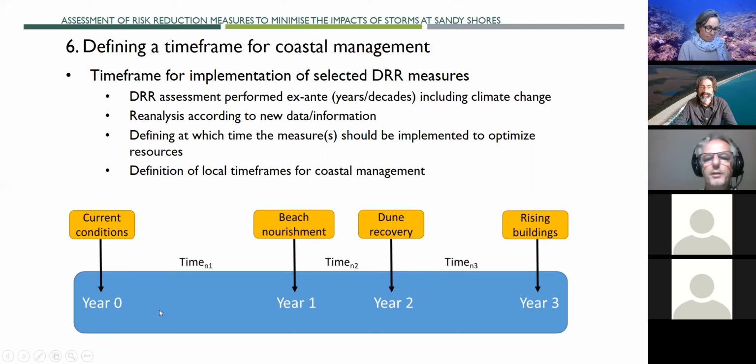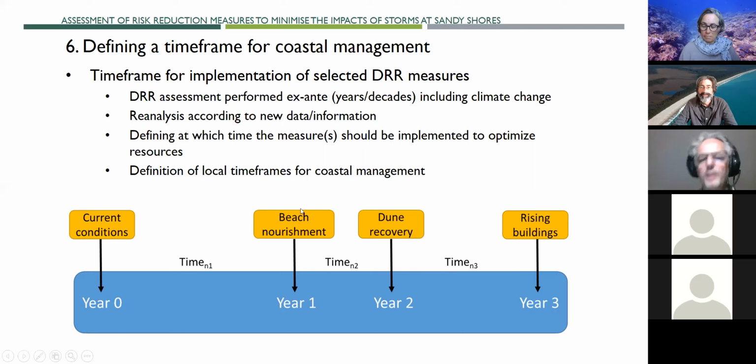Probably it will not be the most correct one, because we only have predictions, but with time, after 5 years, we can again do a reanalysis of these and readjust our time frame. And so we'll have the conditions for the current situation.